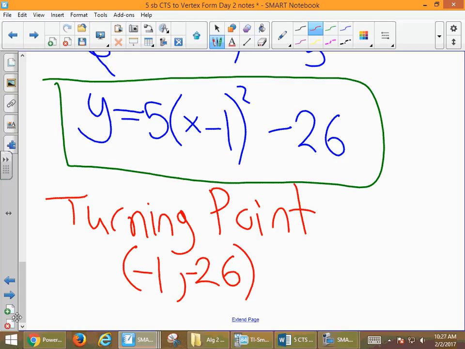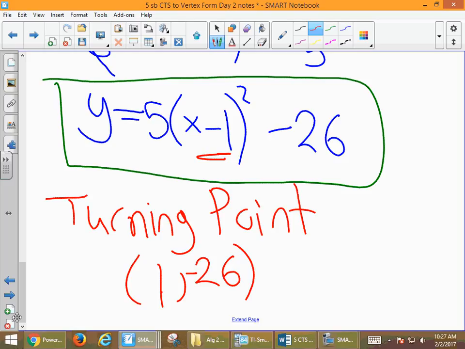So if we remember, we take our h, which is the 1, and then we flip the sign, so it's negative 1, so we get positive 1. Oh, I'm sorry, I wrote negative 1 here. So we get positive 1, and then we take our k, which is negative 26, and we keep that sign because it's a plus k, and so it's negative 26.